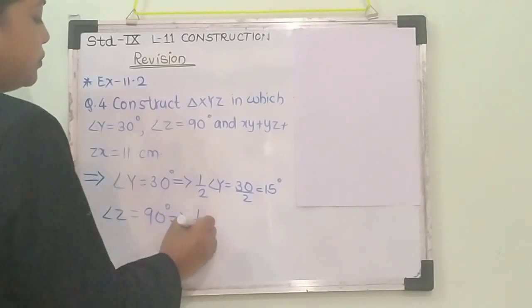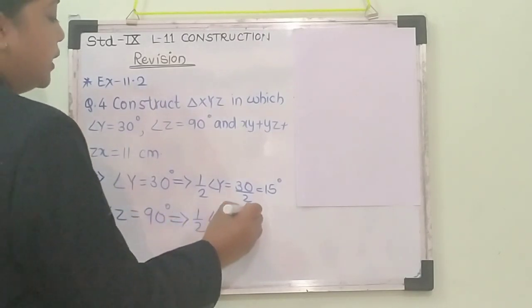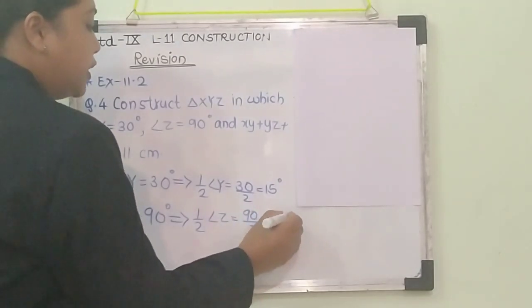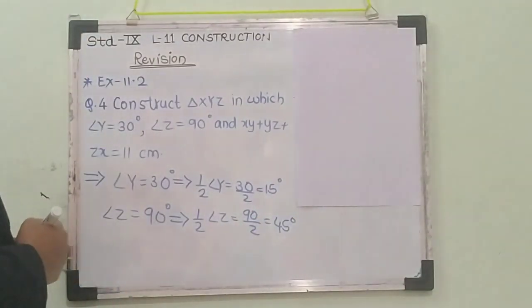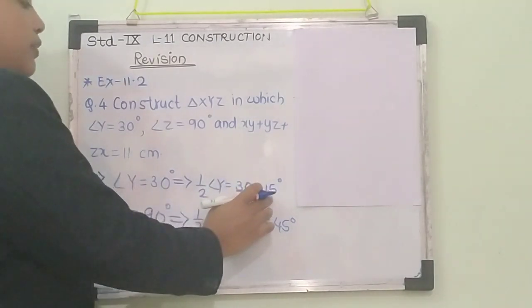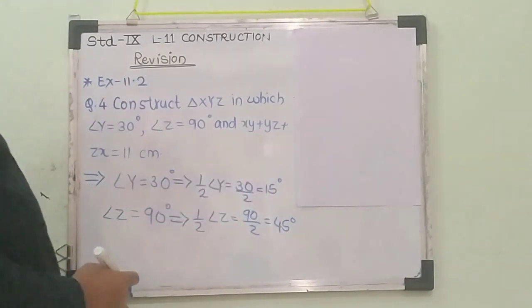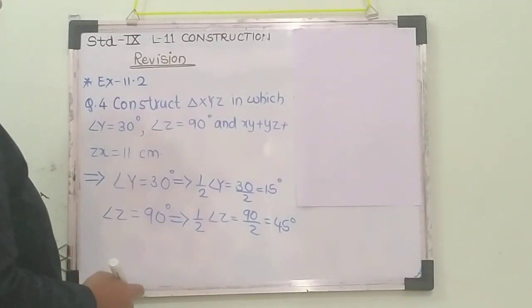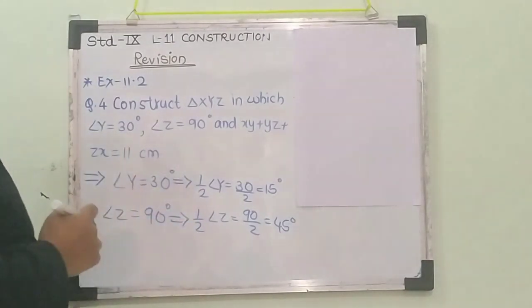So first we take the half of Z, that is 90 upon 2, we get 45 degrees. It means we have to draw the angle 15 degrees and 45 degrees. So we will start our construction.